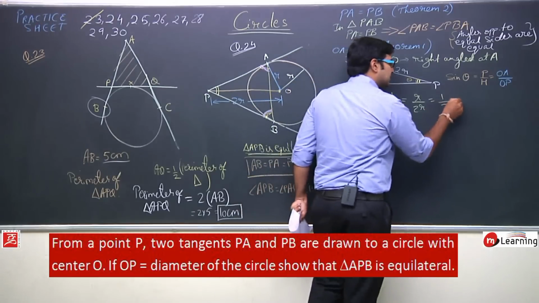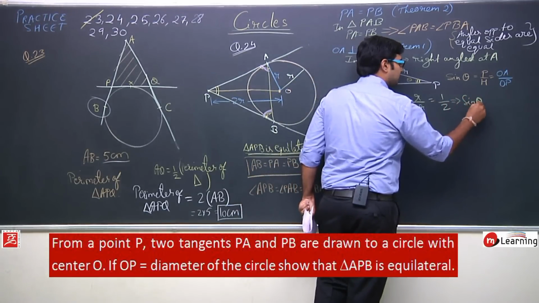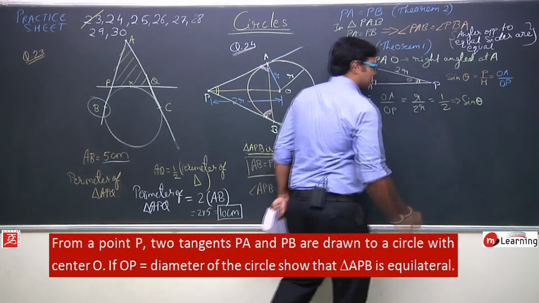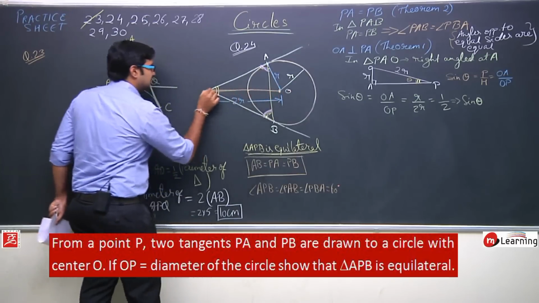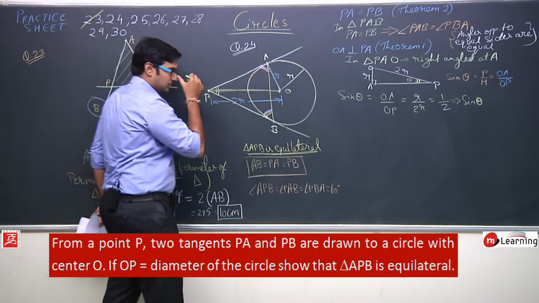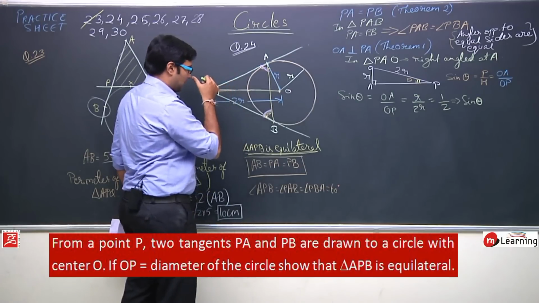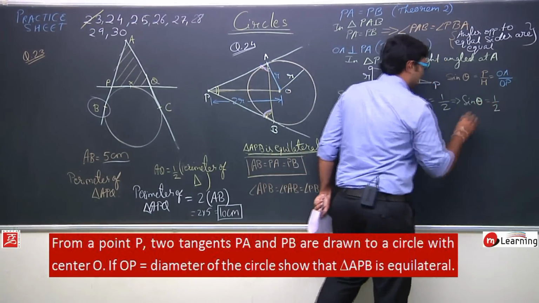So it implies sin theta, this is sin theta, the length of this side is 2R, and this is the perpendicular, is equal to 1 upon 2.